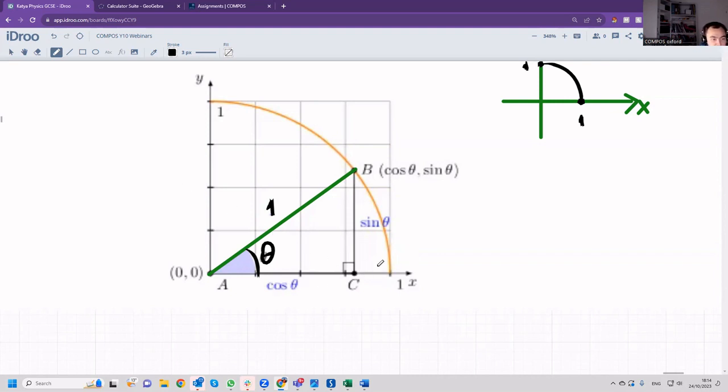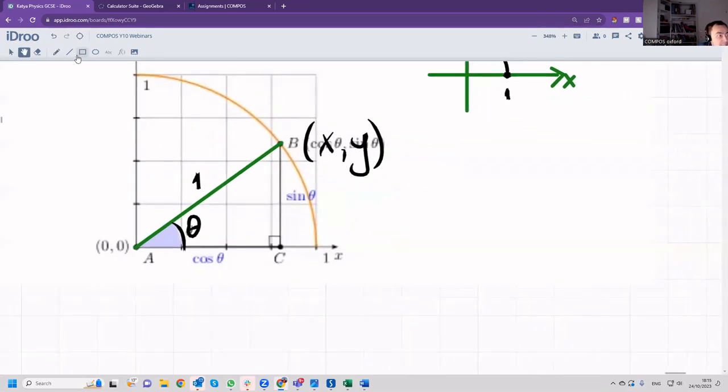Let's say B has coordinates x and y for now. That means that the length of this side is x, and the length of this side is y.